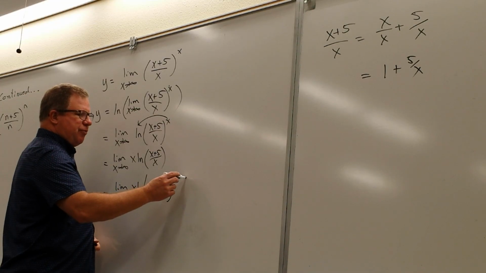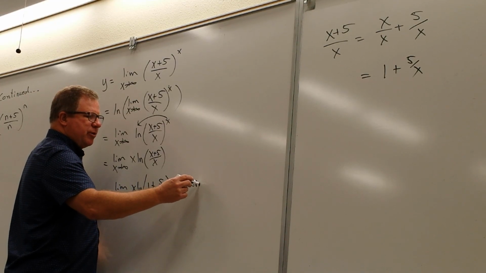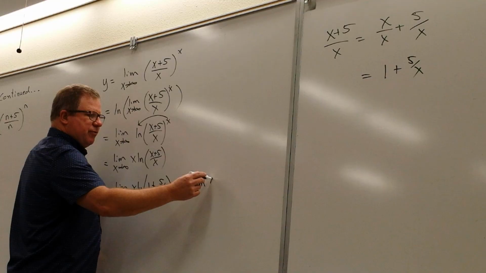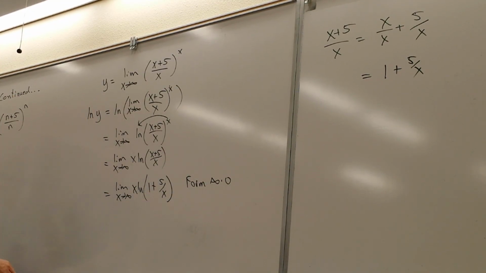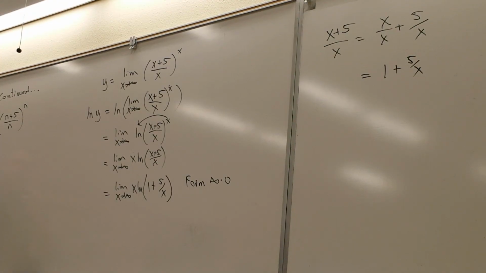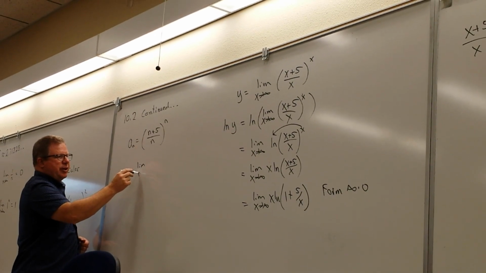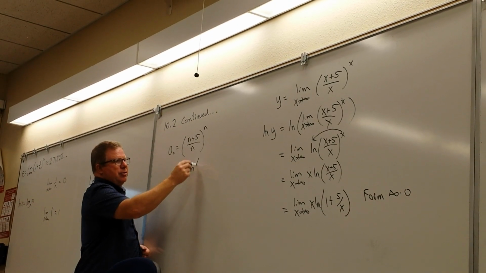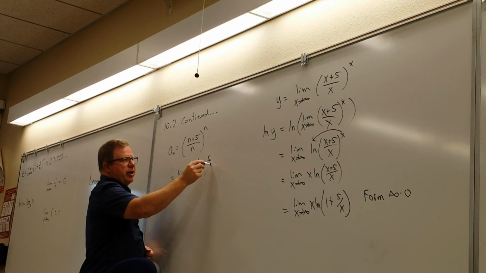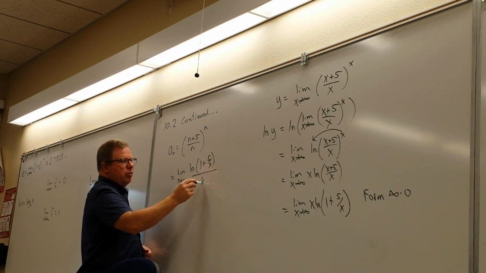So this is of the form, or type, infinity times 0. Let's take it over here. I'm going to rewrite that: limit as x goes to infinity of ln(1 plus 5 over x) over 1 over x.